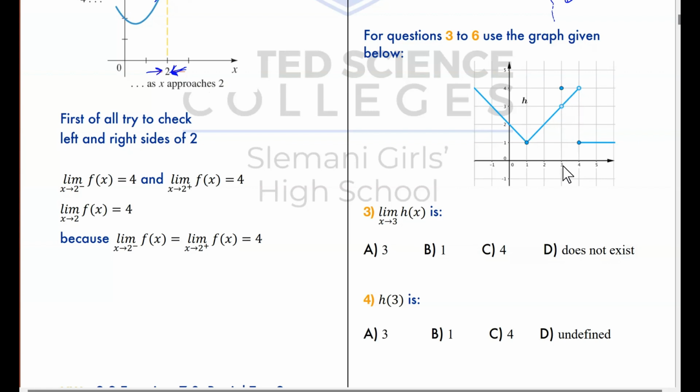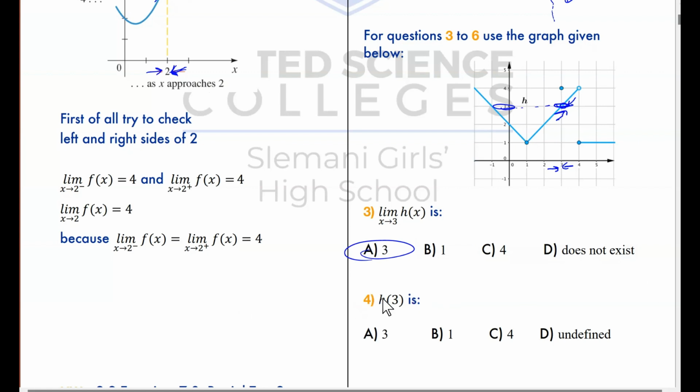As x approaches 3 from the right, my graph is tending to this point. As I approach 3 from the left, my graph is tending to the same point. So they're about to touch the same point. So the y value that they're tending to is equal to 3. So the value of the limit here is 3.